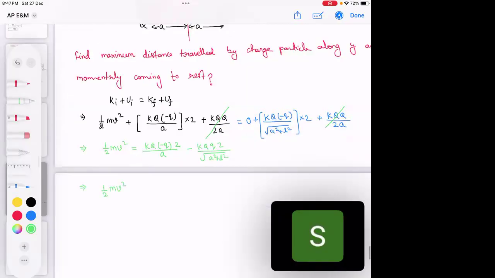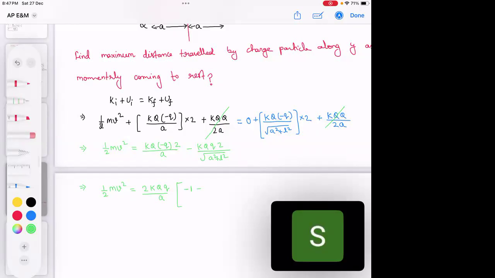So half mv square. Let's take common 2 capital K small q. Here, if I take something common on the right hand side, 2k capital Q small q, a we have taken common. What do we have here? Minus 1 and... please check it.